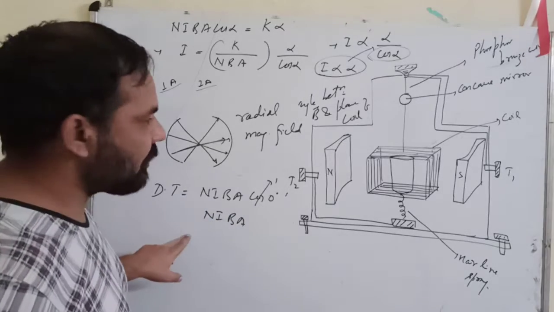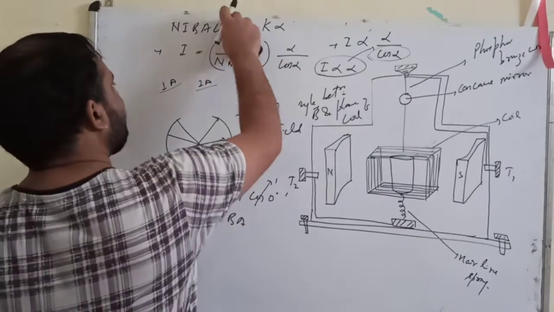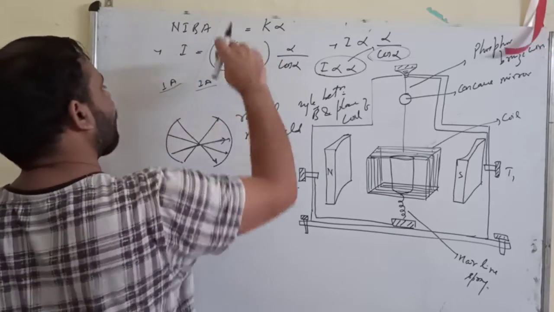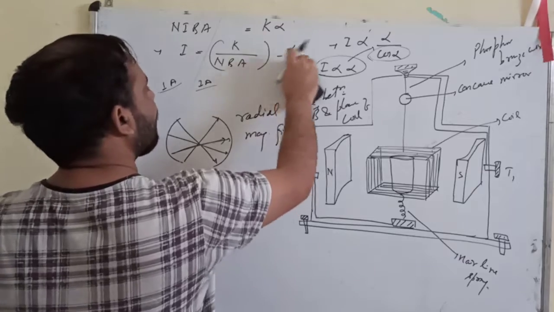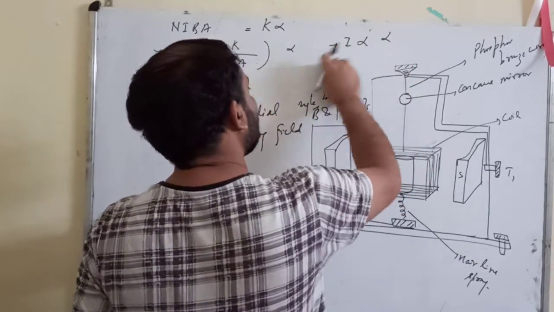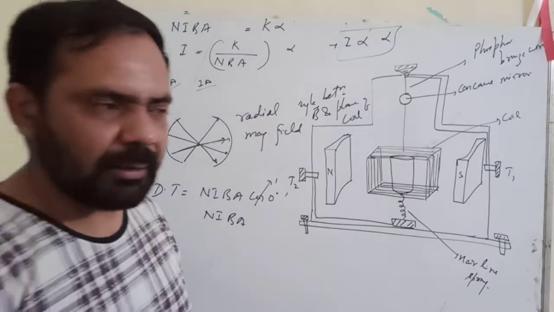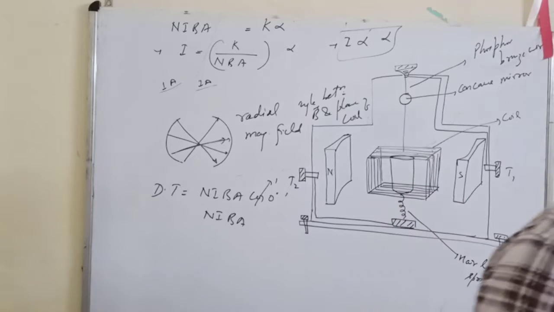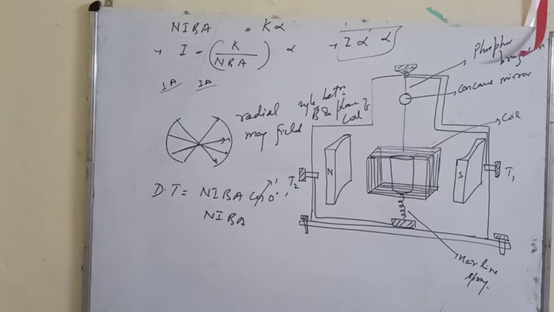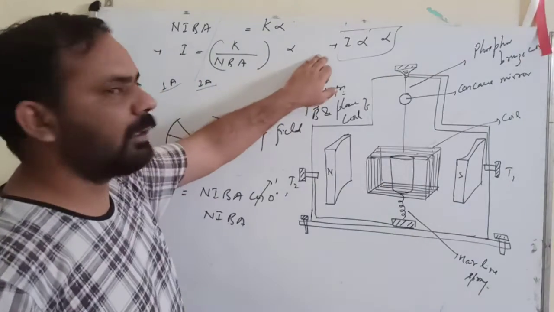Now this is your deflecting torque and this is restoring torque. Now when you make them equal, this cos alpha is not there, and now you have I proportional to alpha, right? So it means now you can use a linear scale to measure the current. Okay, now you can use a linear scale.